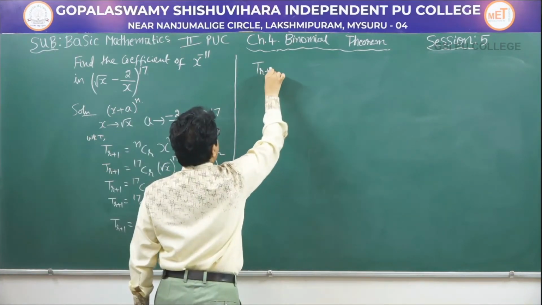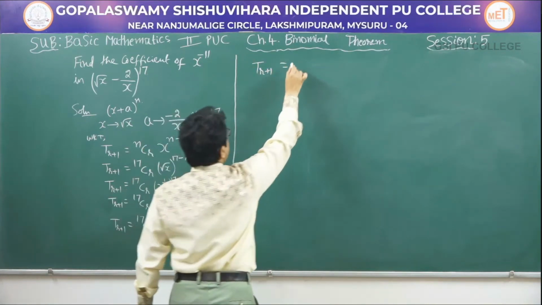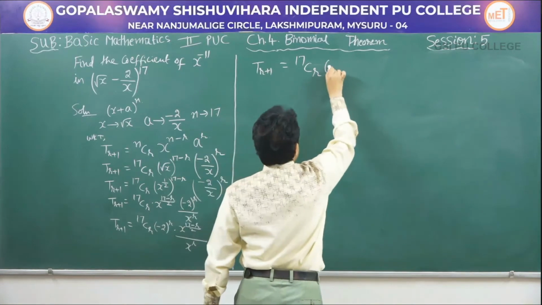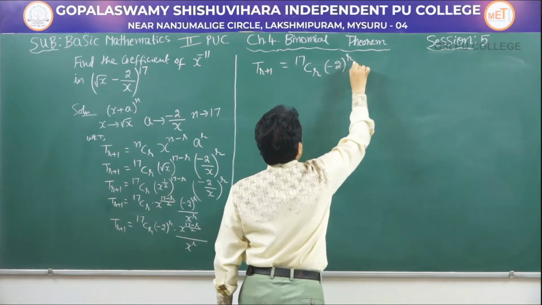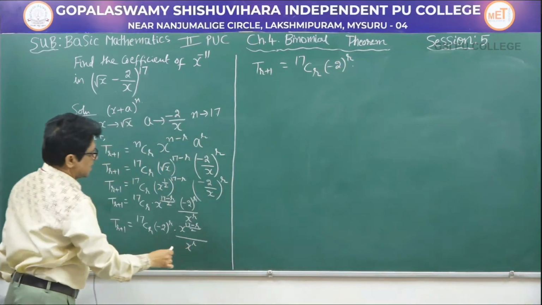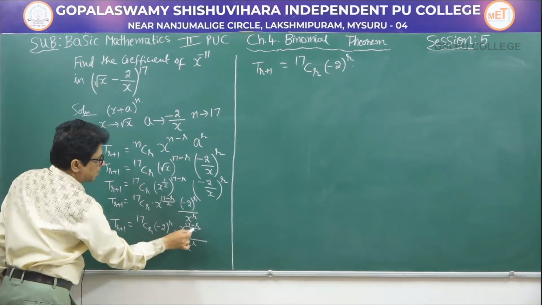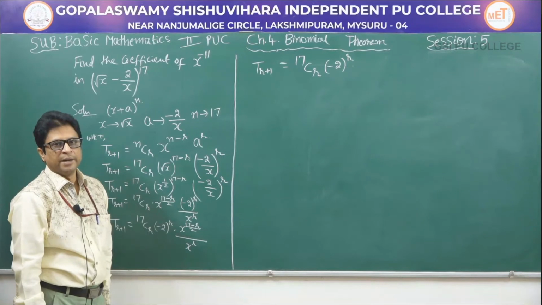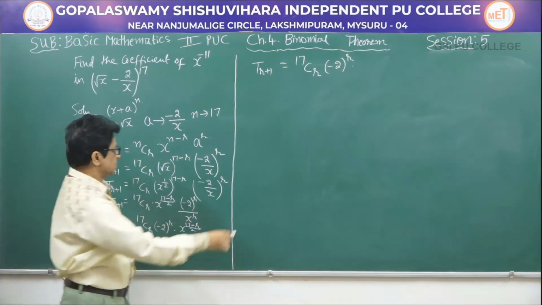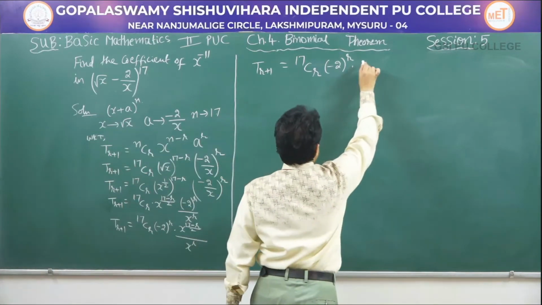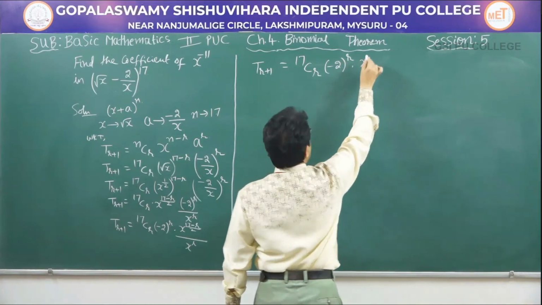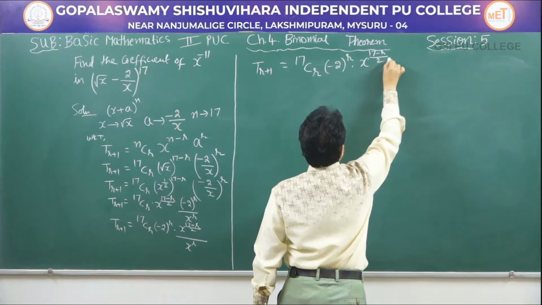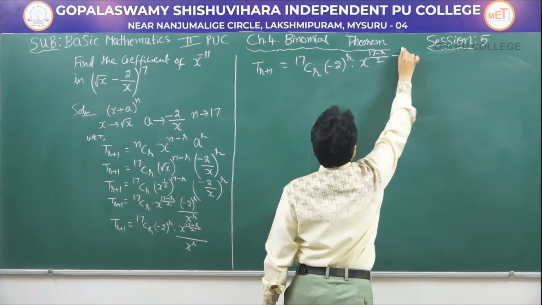So T(r+1) is equal to 17Cr into minus 2 whole power r into, this is of the form a^m by a^n, that is nothing but a^(m minus n). So that becomes x power (17 minus r) by 2 minus r.